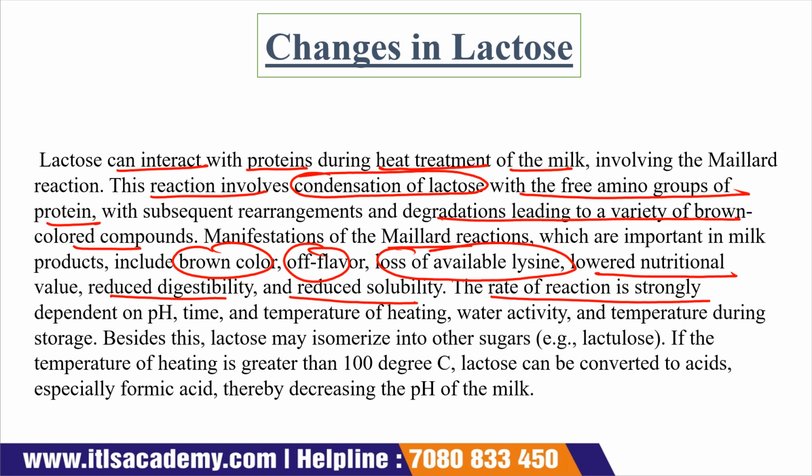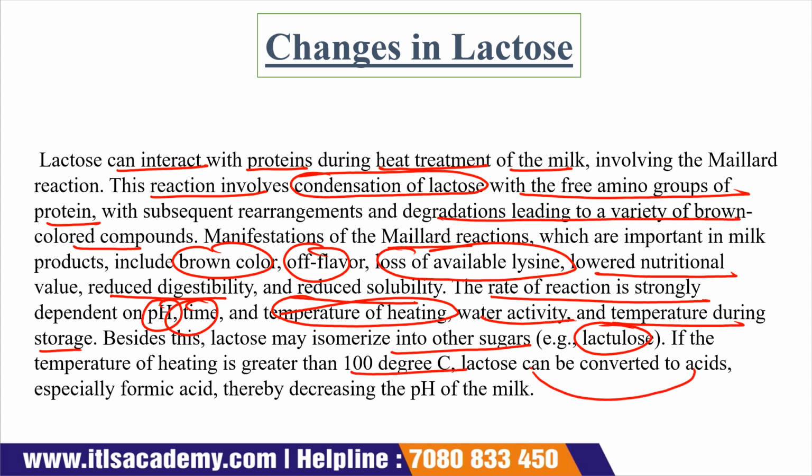The rate of the reaction is strongly dependent upon the pH, time and temperature of heating, water activity, and temperature during storage. Besides all of these, lactose may isomerize into another sugar, that is lactulose. If the temperature of the heating is greater than 100 degrees Celsius, then the lactose is converted into acids, especially formic acid.